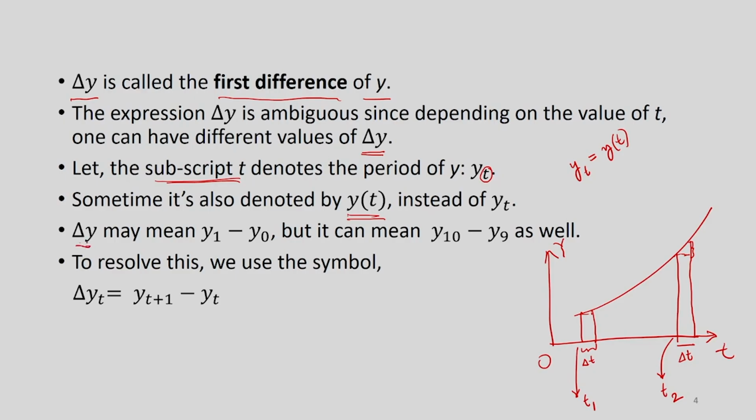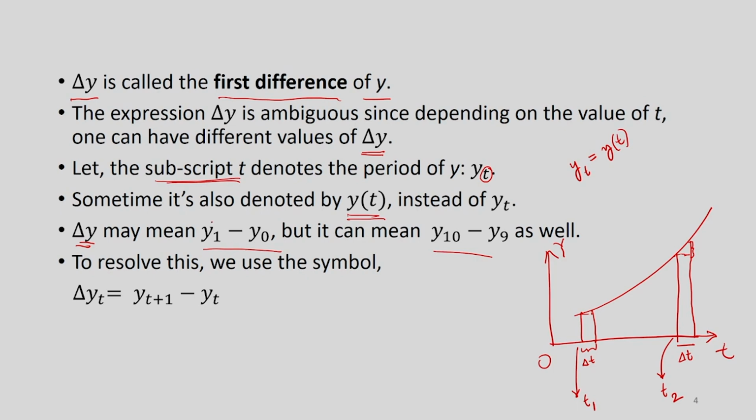Now, delta y may mean y1 minus y0, or it can mean y10 minus y9 as well. In both cases, time is changing by just 1 unit, and we are looking at how much the y variable is changing.